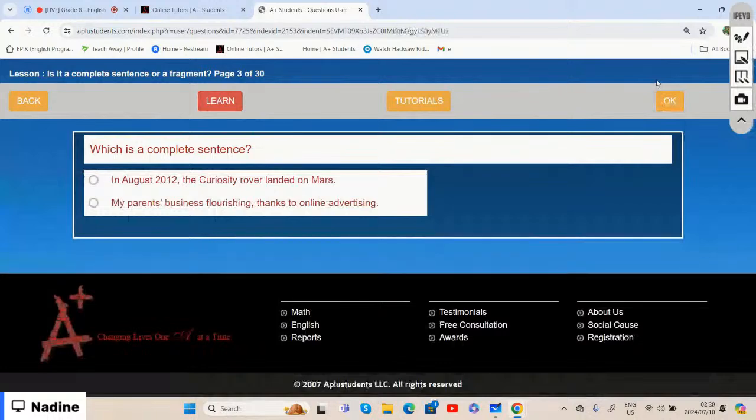All right, so we need to say which is a complete sentence, right? That has both a subject as well as a verb. It says in August 2012, the Curiosity rover landed on Mars.